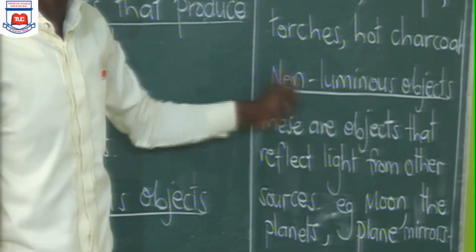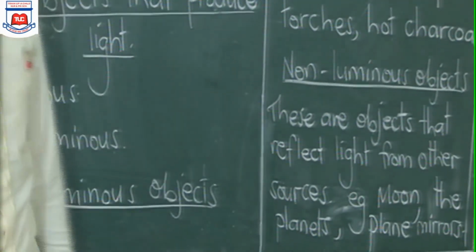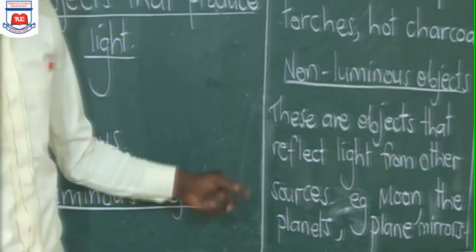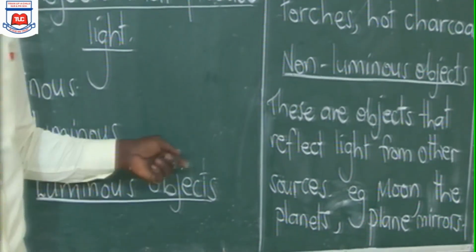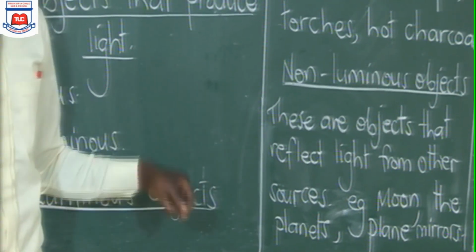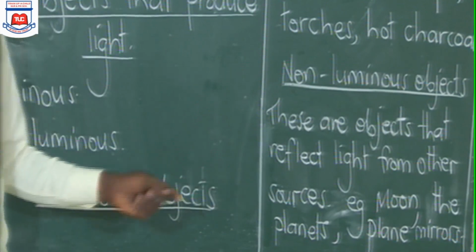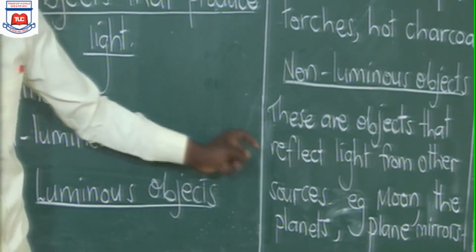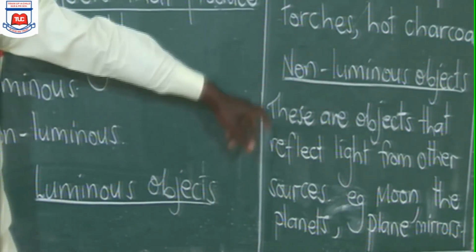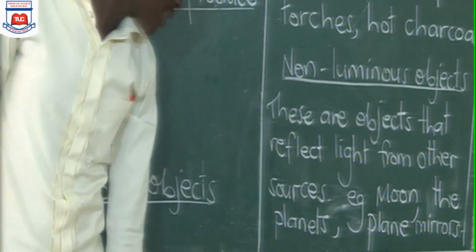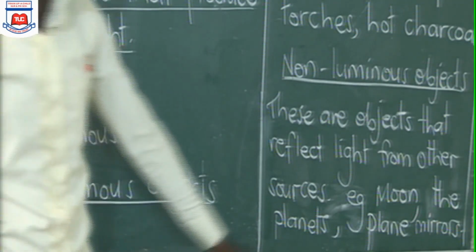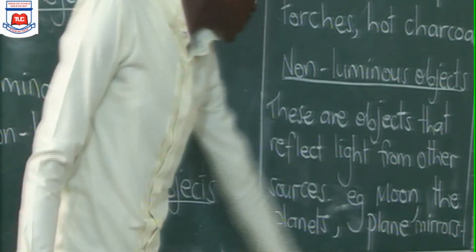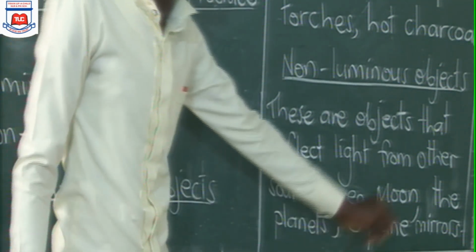Then we have non-luminous objects. Non-luminous objects are objects that reflect light from other sources. When light falls on them, it bounces. As it bounces, that light is given out. So these objects can't produce their own light. Examples are the moon, the planets, and the plane mirrors.